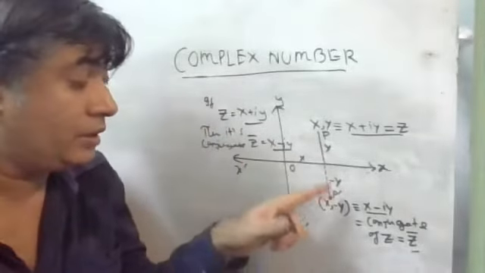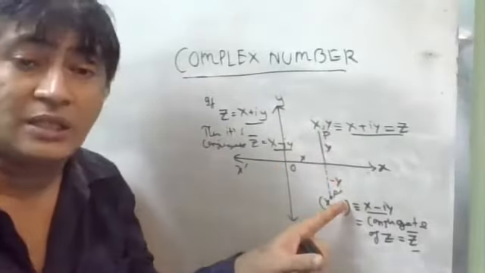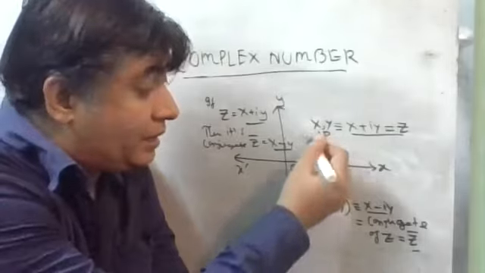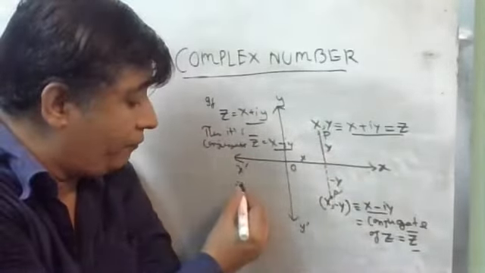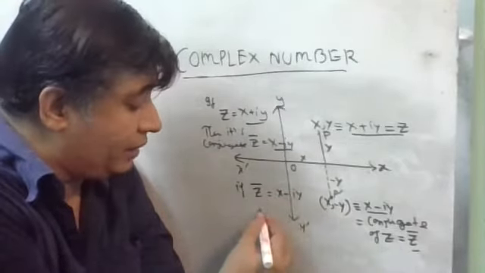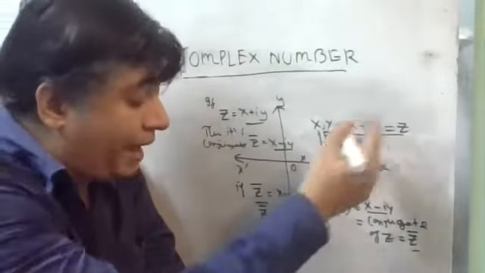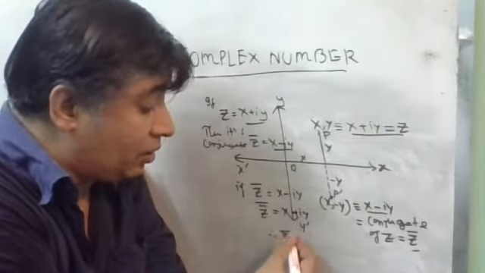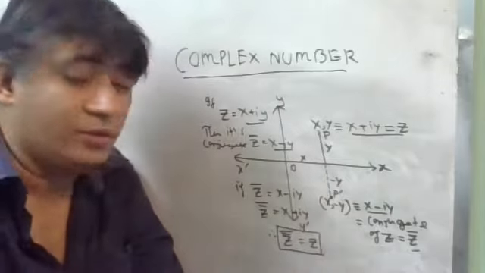I can call that P dash is the mirror image of P, and P is the mirror image of P dash. So if z bar is equal to x minus iy, then z double bar, put another bar on this, you will get back x plus iy as the mirror image. So from this concept, you have got a new property, that z double bar is equal to z.